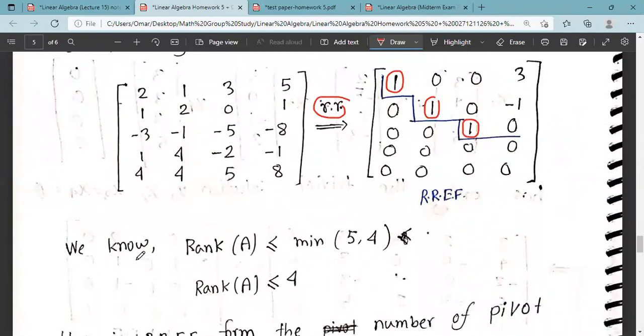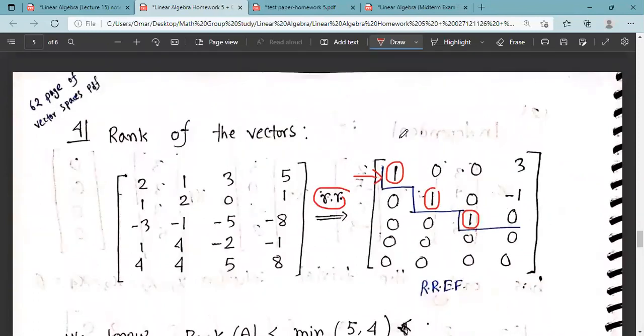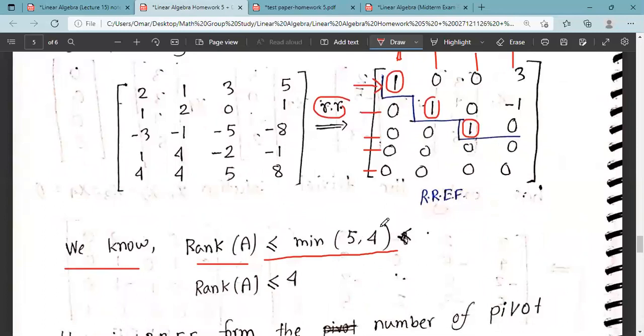Or you can see I have written that the rank of A is less than or equal to the minimum of the number of rows and the number of columns. We have 5 rows here and 4 columns here.